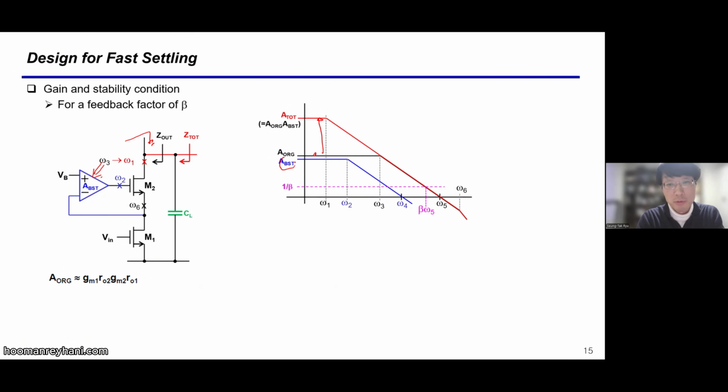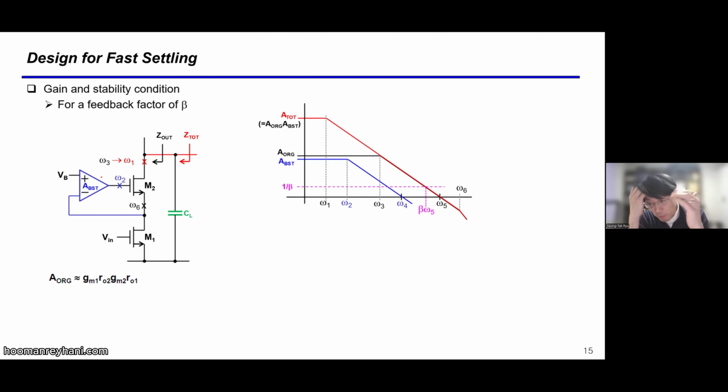The original is in log scale, added with A boost, because output resistance is increased as much. So this red one is this amplifier's rough frequency response. If we are using this amplifier in a feedback network, then for stability we will check this one, right? But let's not talk about it at this moment.